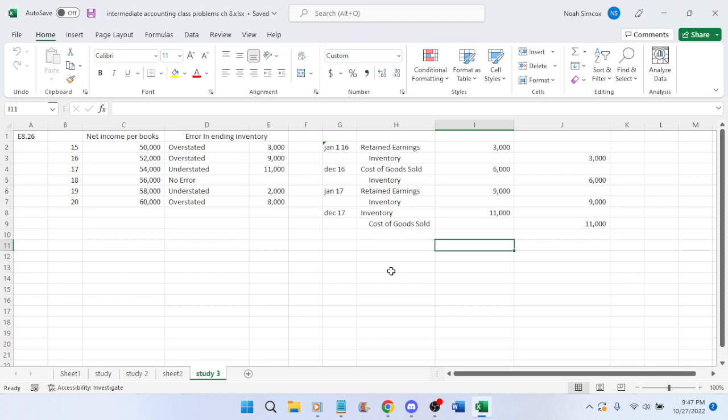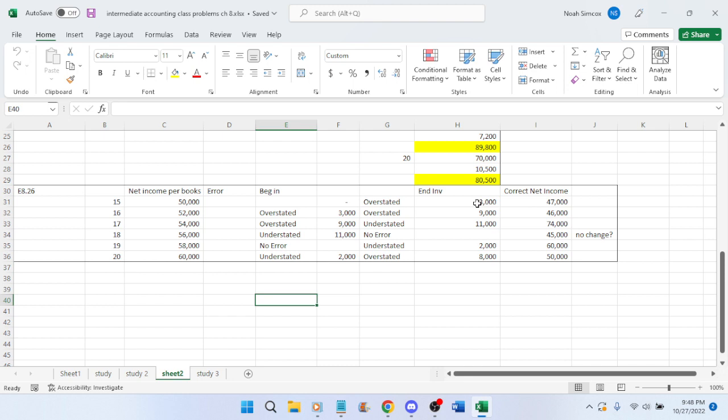If you debit cost of goods sold, that means you have decreased income. You decreased income twice. You decreased it at 3,000 and 6,000. So the entire increase in the income is a total of 9,000, which I understand because for 2016 you have a total of 9,000.